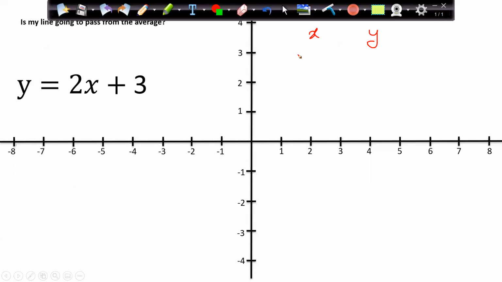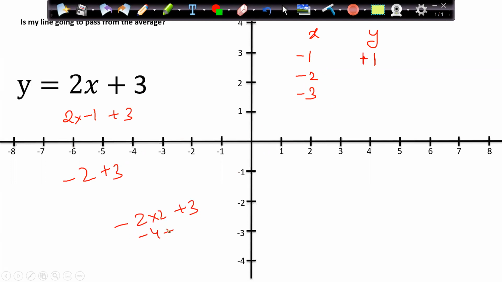Let's say I'll take this time -1, -2, -3. Here also I'll calculate this. So 2 into -1 plus 3, what is the value? -2 plus 3, that is 1. Then -2, so 2 into -2 plus 3, that is -4 plus 3, that is -1.